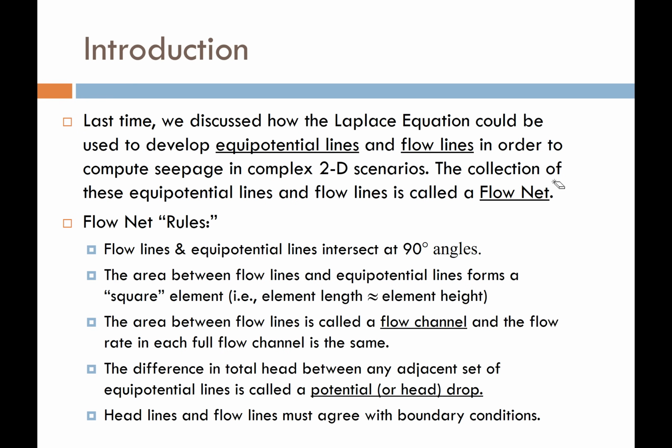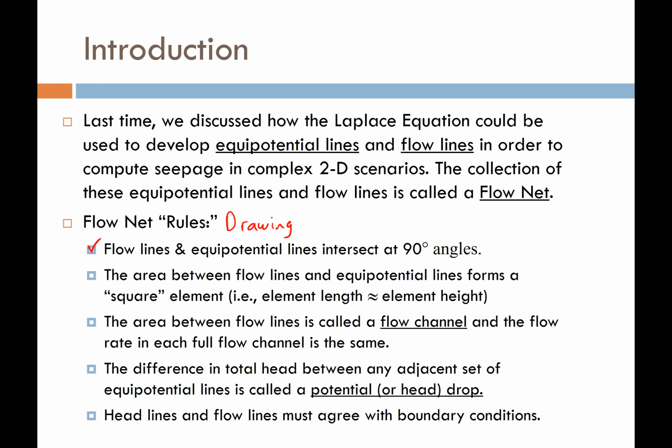Now, right off the bat, let's just talk about the rules for drawing flow nets. So these rules apply if you want to draw a flow net by hand. Number one, the flow lines and the equipotential lines intersect at 90-degree angles.